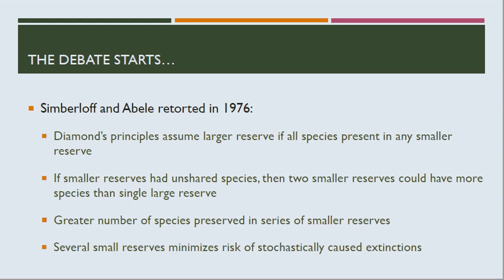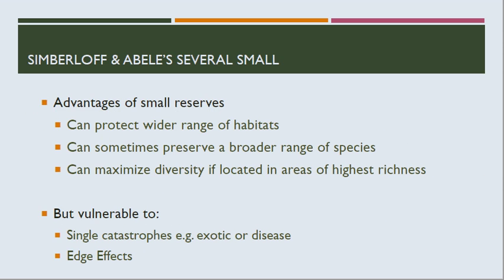So the advantages of small reserves, that's Simberloff and Abele, was that they can protect a wider range of habitats, and they can therefore sometimes preserve a broader range of species. And they can maximize diversity conserved if located in areas of higher species richness.